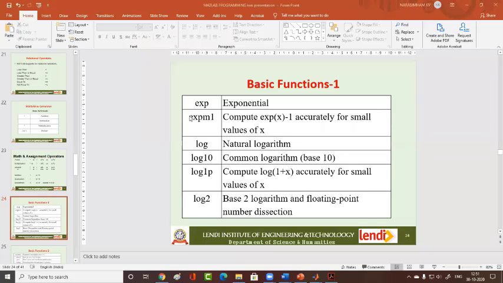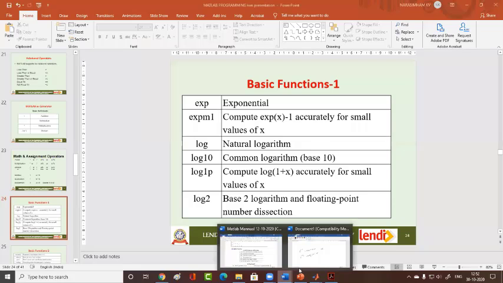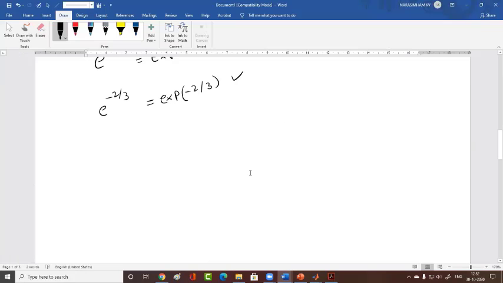Now another one is expm1. Very important point. exp of x is nothing but e power x. Already we discussed it.